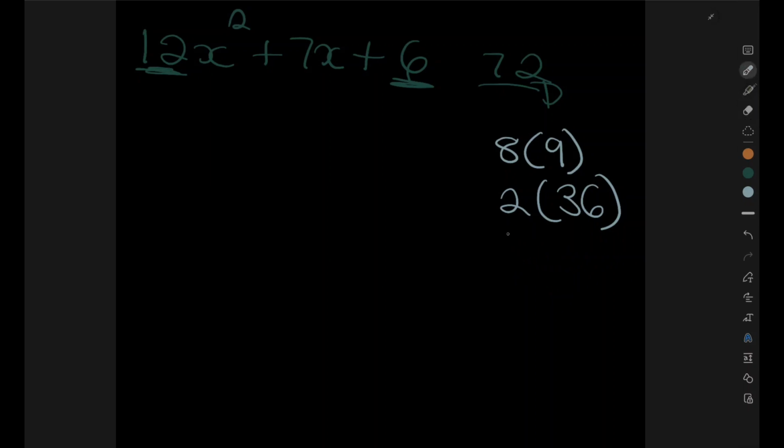Let me get back to that. It's 4 and 18, and obviously, as I said, it's 8 and 9. Another common factor pair would be 12 and 6. What are the common factors there?